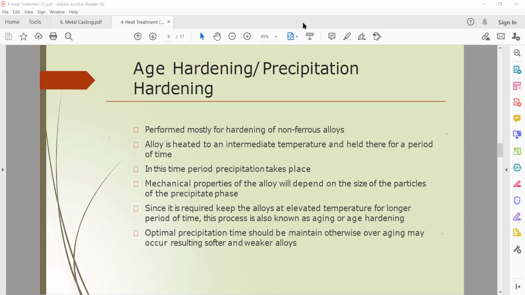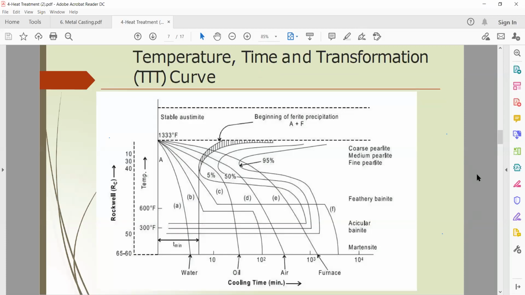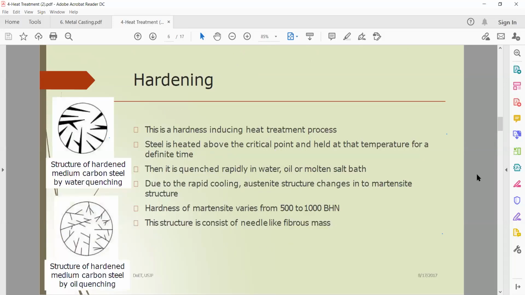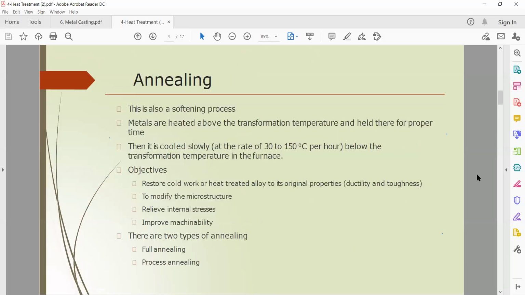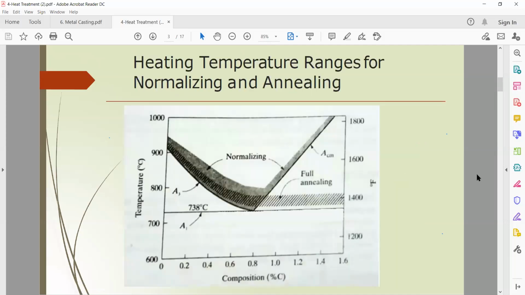Yeah, what is the temperature for edge hardening? So it should be like, see here. See here.